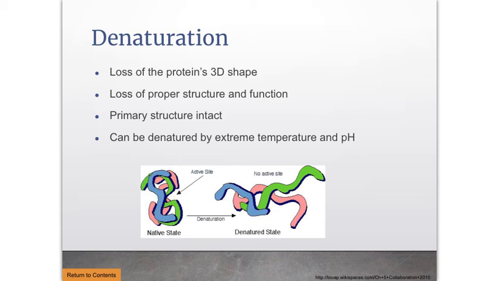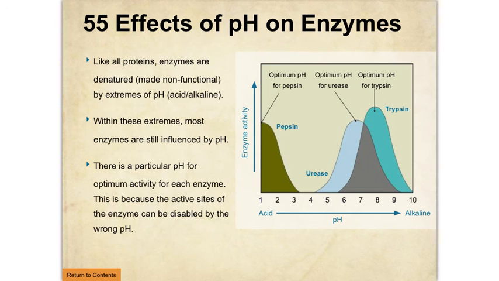The protein channel becomes broken down and it can't do its job. So this is what happens when it's denatured. Usually the structure is pulled apart by extreme temperature or pH, and then the protein unfolds and no longer can do its job.